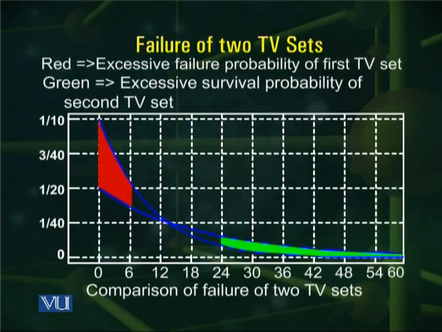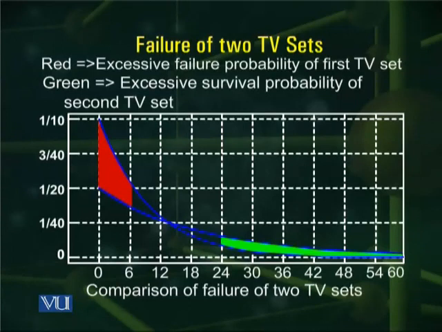The red area represents the excessive probability of the first television failing in the first 6 months, because we have assumed the first television to have a lambda, or intensity of failure, of 0.1, which is not very reliable, whereas the second television has a lambda of 0.05, and with lower intensity of failure the second television is more reliable.